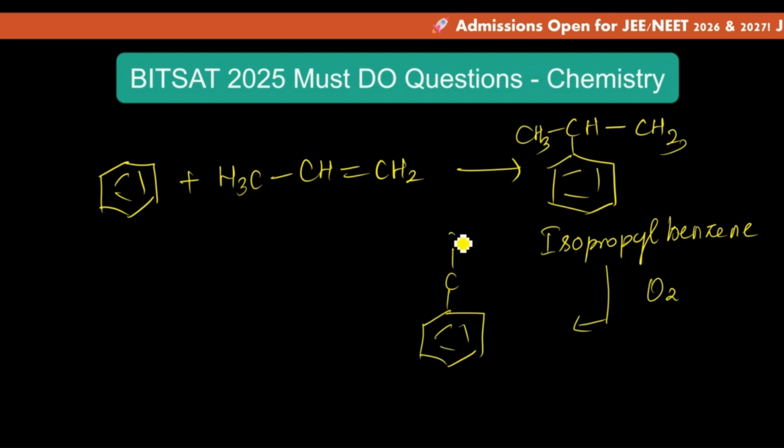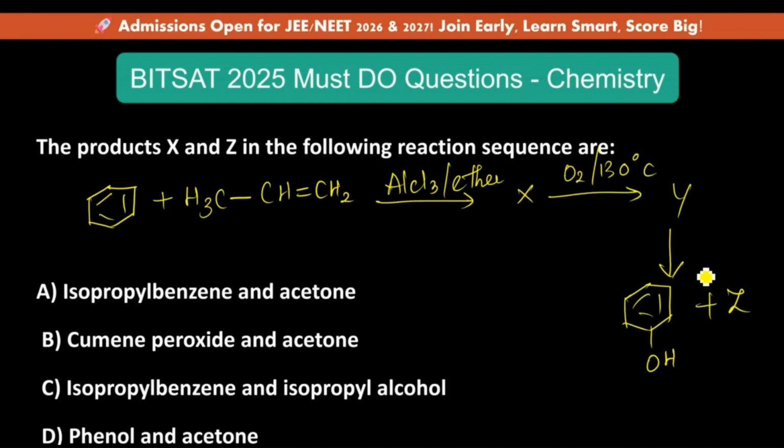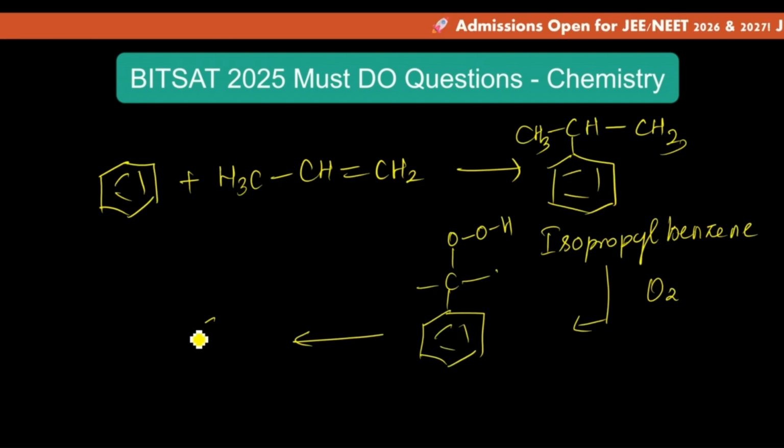Cumene peroxide, and after that it will react with H2O, heat, to produce phenol. The byproduct is also important in this reaction, which is nothing but acetone.